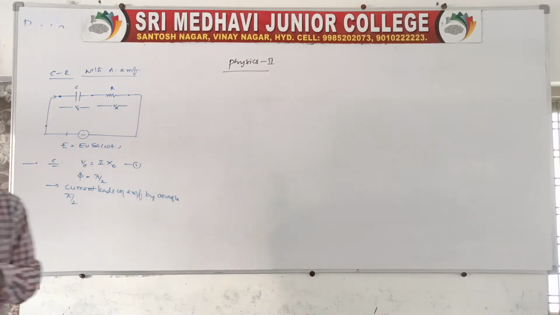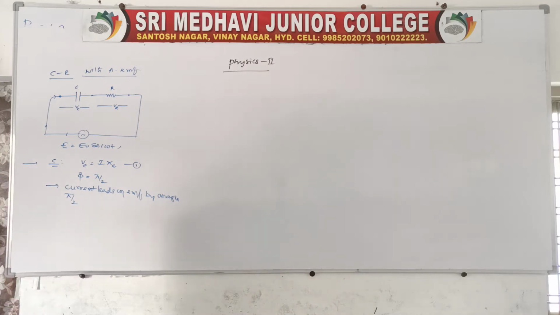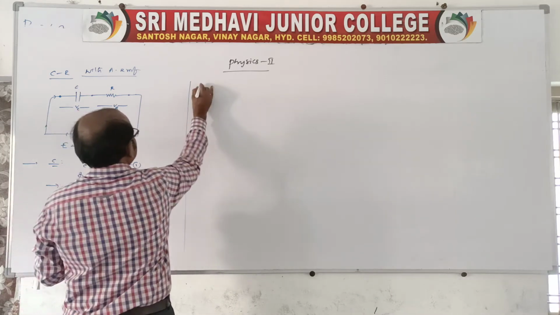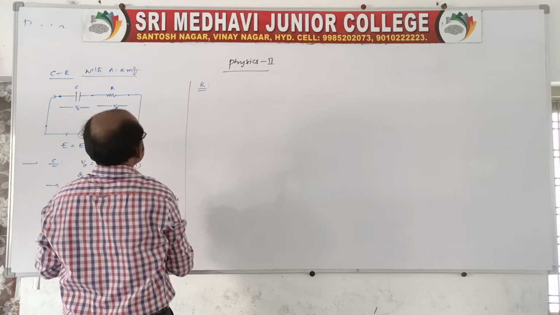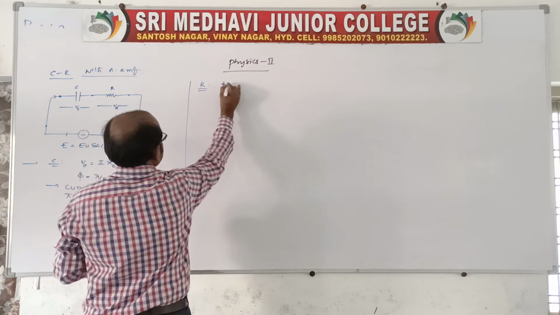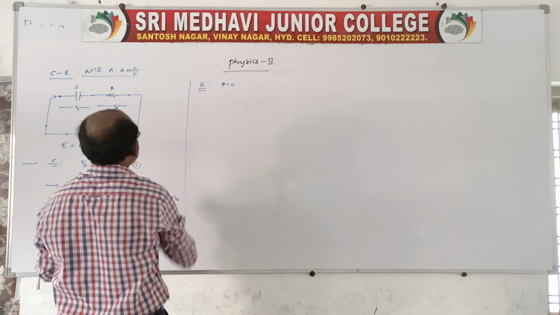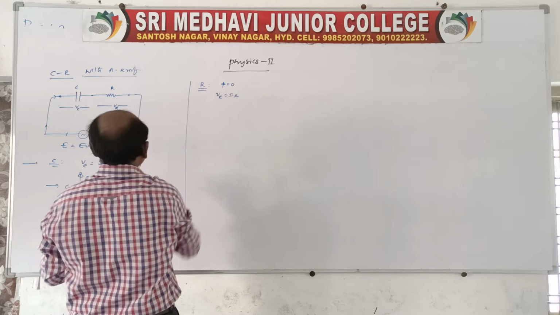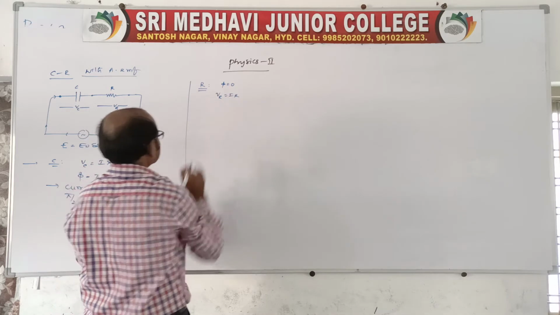This is the relation for a capacitive circuit. Next, R is a resistive circuit. The phase angle is 0, and VR is I into R, right? So that is about the capacitive and resistive elements.